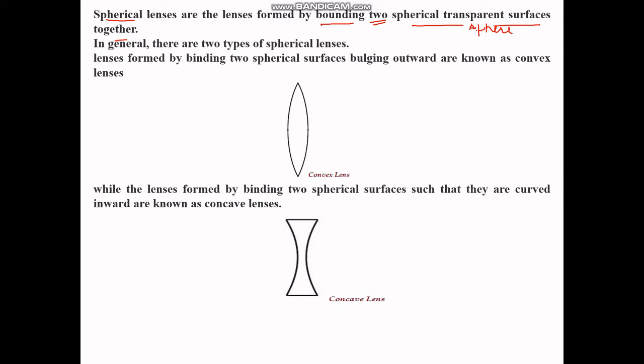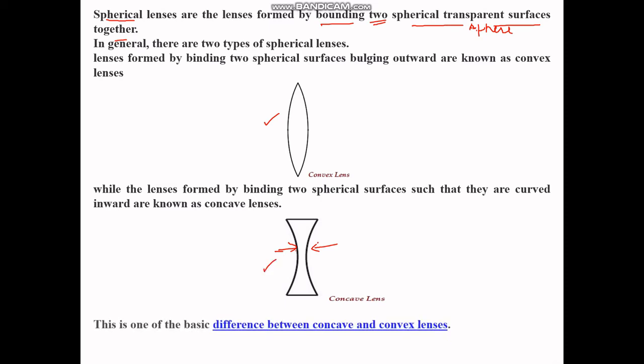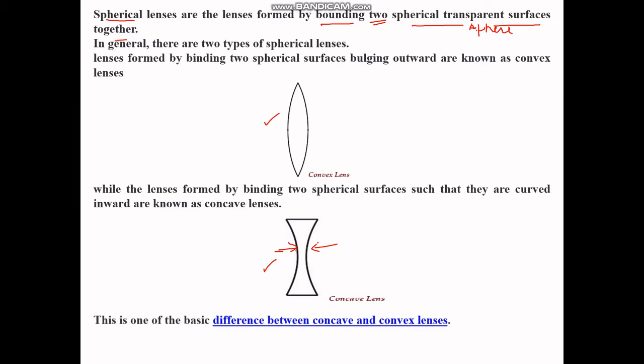Here you can see a lens made up of two spherical surfaces which are curved inwards. This is a concave lens. So basically we confine our studies to a convex lens and a concave lens. This is one of the basic differences between concave and convex lens, that is their shape.